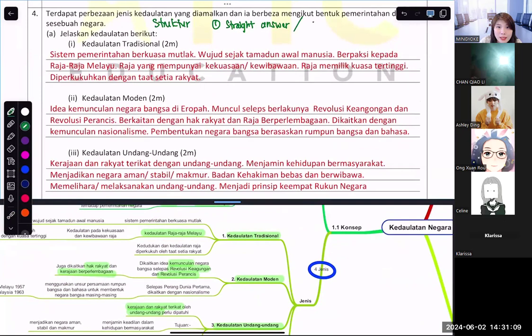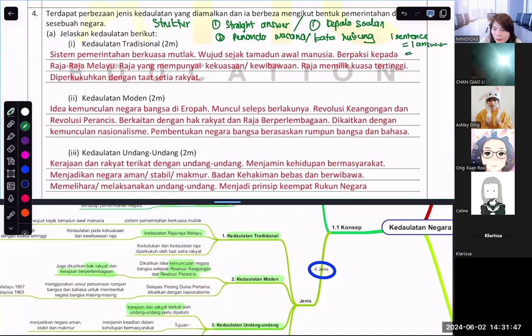Or if your class teacher says they want kepala soalan, then you have to give kepala soalan. Then, of course, second of all, is penanda wacana or kata hubung. Most of your teachers prefer penanda wacana, connect, connect, connect, so that it's easy to mark. So that it is mostly one sentence, one answer, one mark.